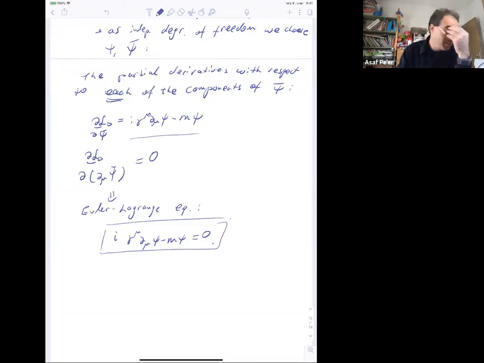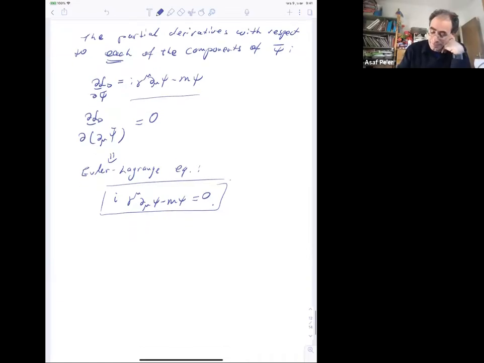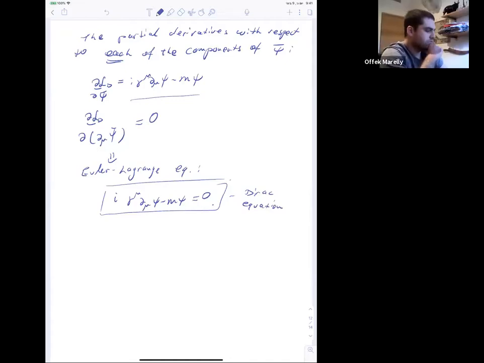What equation is that? The Dirac equation. Thank you. This is the Dirac equation. You all see that? Question?